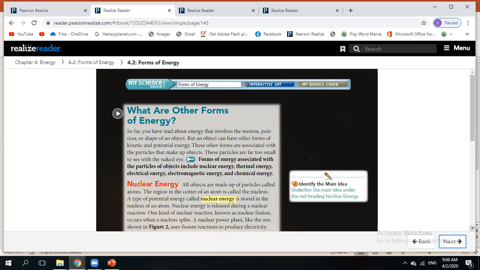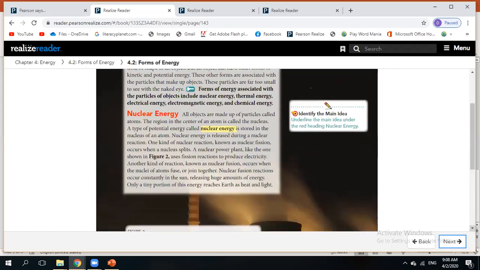Let's discuss each one separately. The first kind is nuclear energy. Nuclear energy is a stored energy, so it's a type of potential energy, but it's stored in what? It's stored inside the nucleus of an atom.